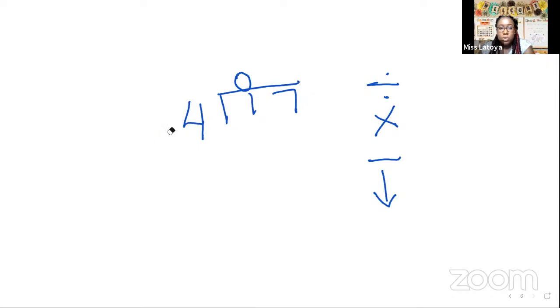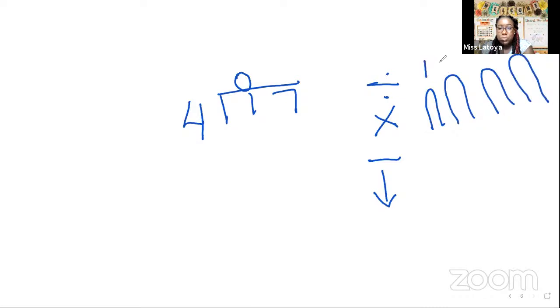All right, for those of you who are not so well, you know what we're going to do? Use our fingers. We're going to count in 4s until we get to 17 or the number before. Let's go. 4, 8, 12, 16, the number before, right? How much fingers do we have up? 1, 2, 3, 4. So 4 can go into 17 4 times.